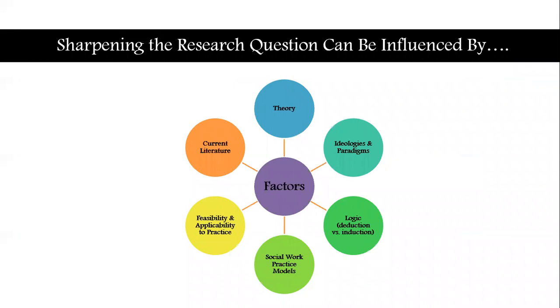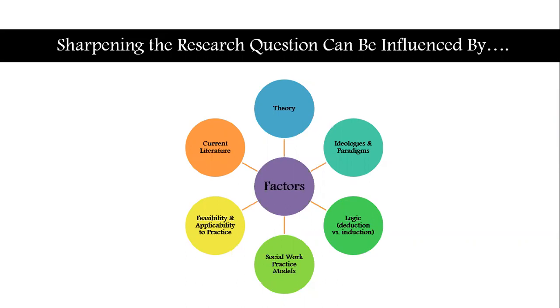So here are some of the factors that can come into play in this process of sharpening our research question. This sharpening process can be influenced by theory. It can be influenced by ideologies and paradigms, and logic, whether we are approaching our research study from a deductive or inductive standpoint.